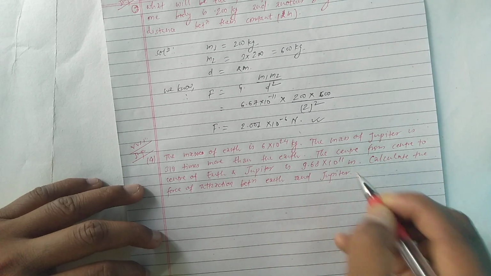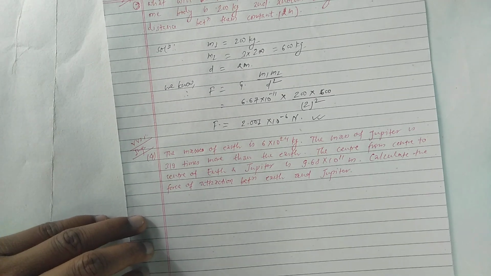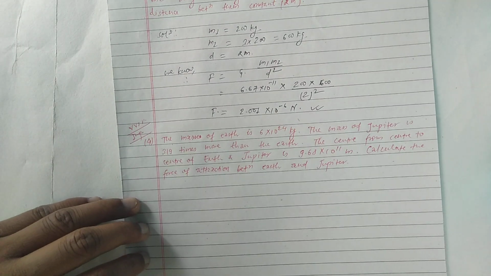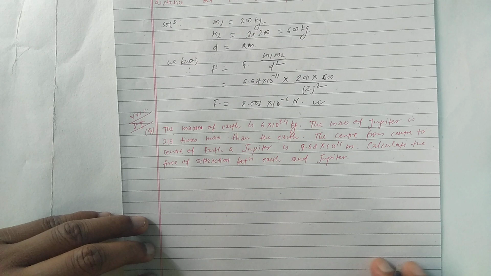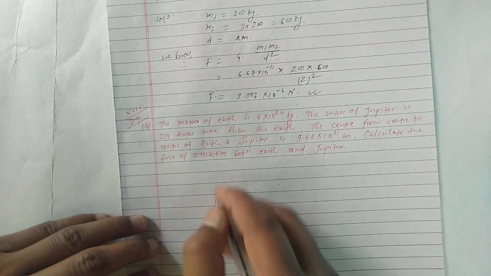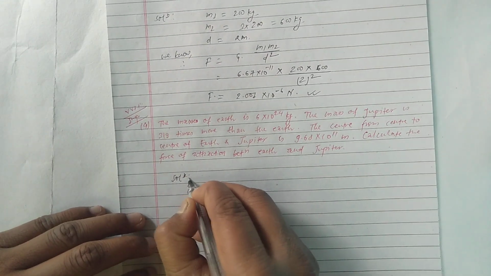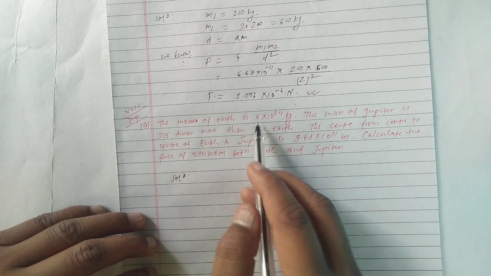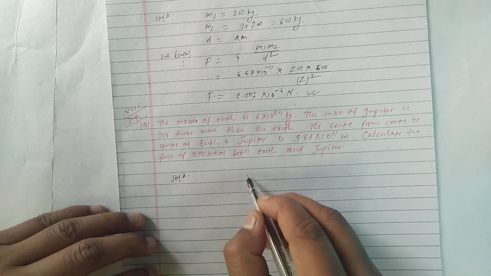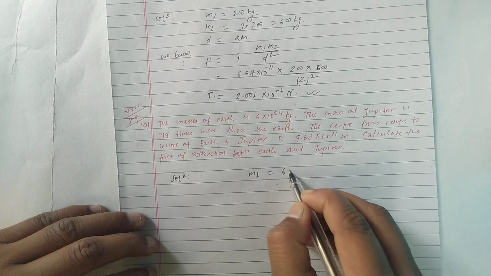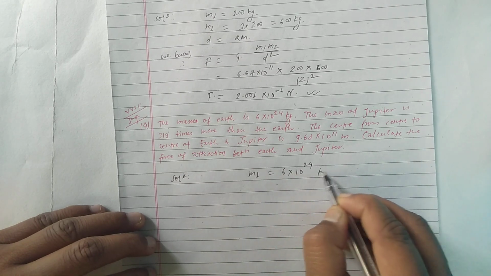Okay, so this is one of the most important questions, and this type of question is repeatedly asked in your final examination. So this is so easy. The mass of earth, the value of m1, is given as 6 into 10 to the power 24 kg.